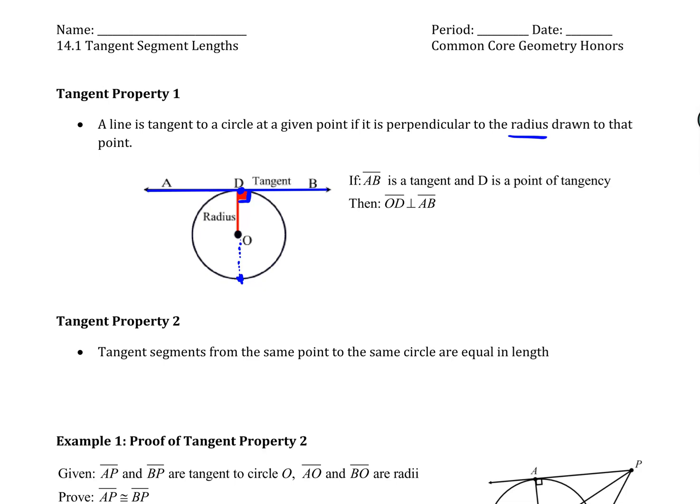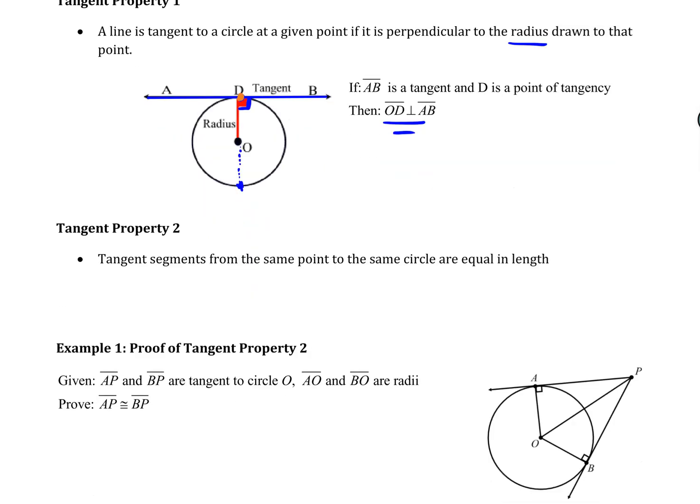But we don't have to worry about any of that if we remember this one important fact: any tangent line that intersects a radius, or a diameter, at the edge of a circle, those two lines are going to be perpendicular to each other. So in this case, OD must be perpendicular to AB because the tangent line intersects a radius at the edge of a circle, in this case point D.